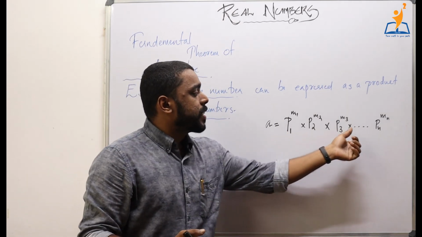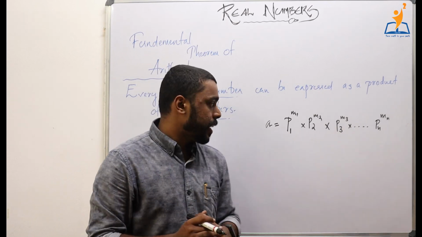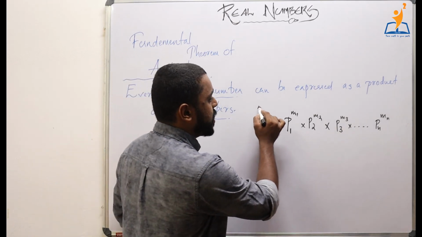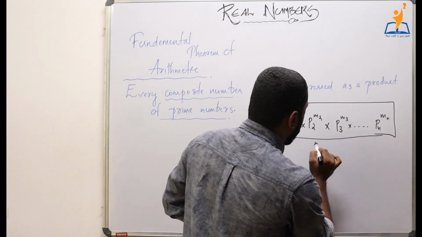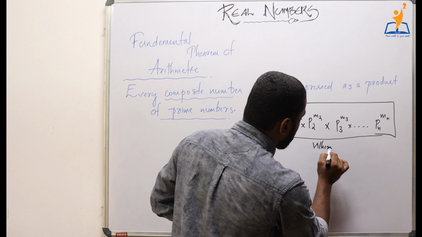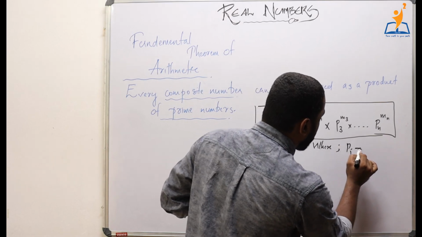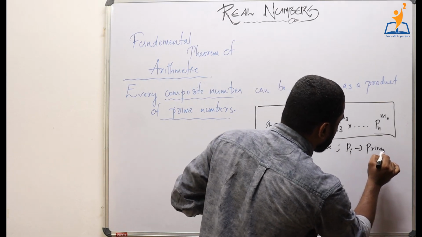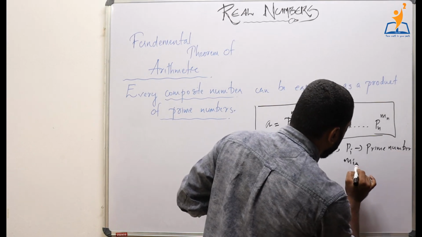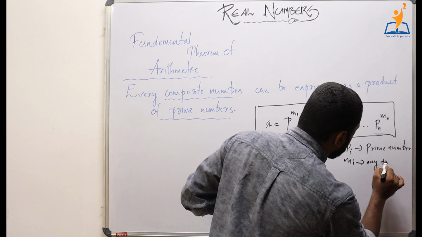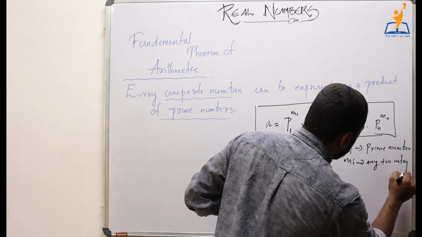And p1, p2 etc. pn are prime numbers. That is every composite number. This is the algebraic form of the fundamental theorem of arithmetic, where pi is a prime number and mi any positive integer.